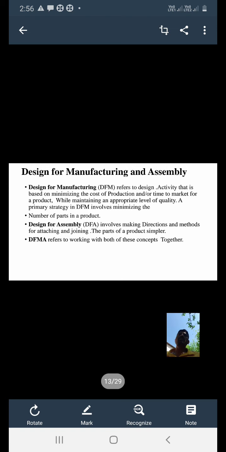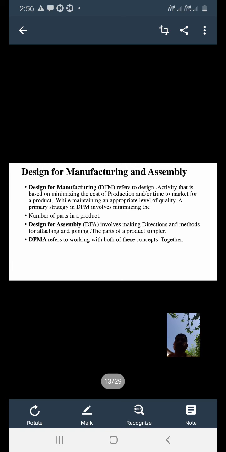You have drawn or manufactured a number of components, and after manufacturing you have to assemble those components. That assembly involves the directions and methods for attaching and joining. You should know the different methods of how to attach a component and where to join it. The parts of the product become simpler. What is DFMA? DFMA refers to working with both these concepts together.